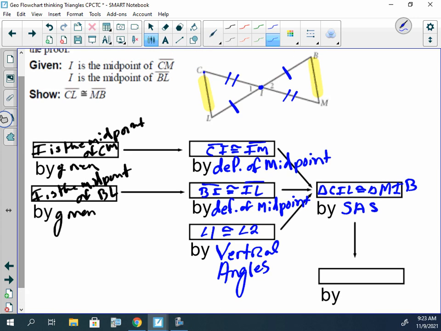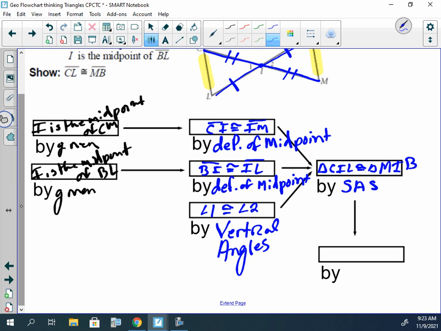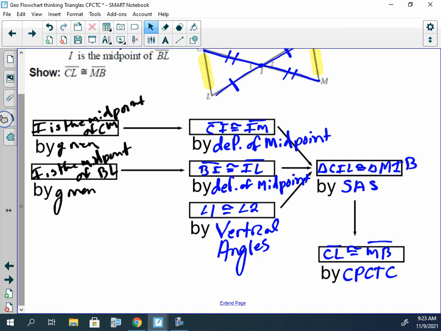Since we start at C, then 2, and then 1, we need to go from 2 to 1 in the same order. CL is congruent to MB by CPCTC. That'd be it.